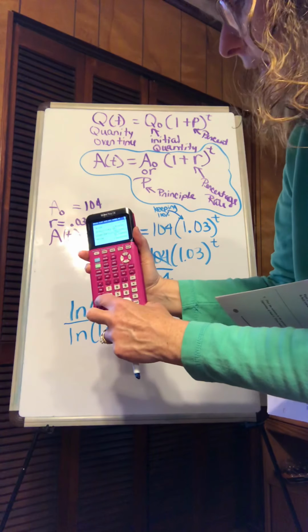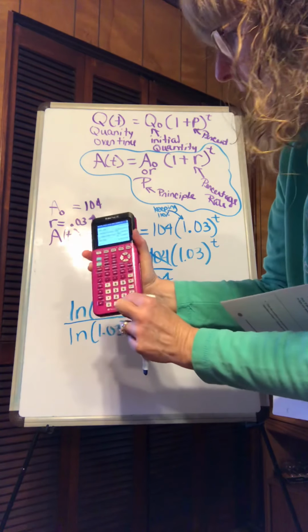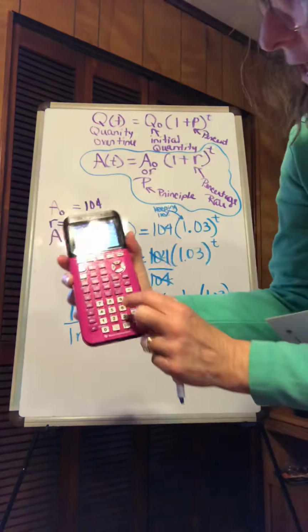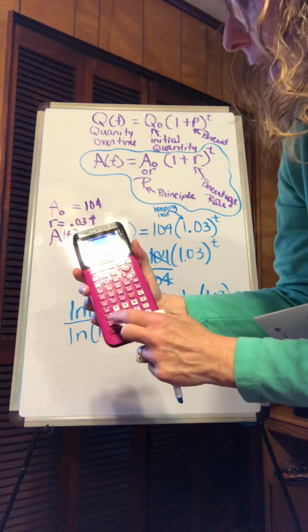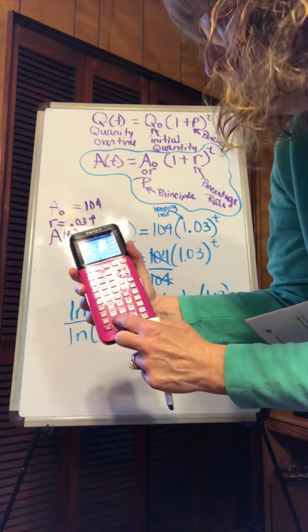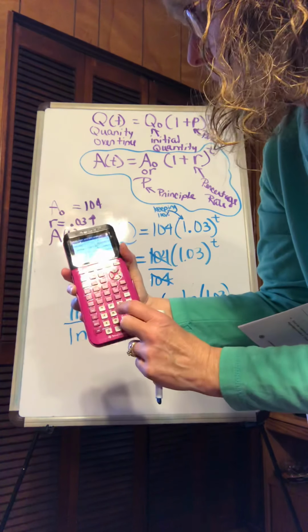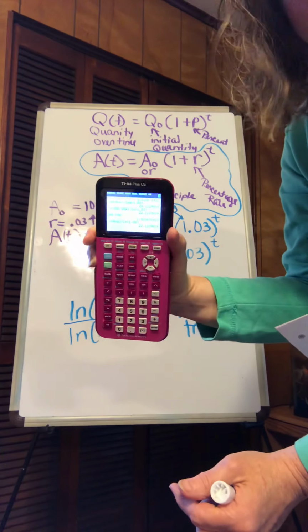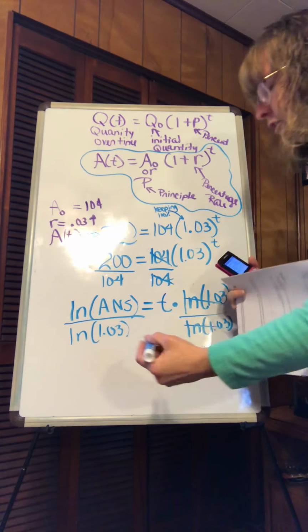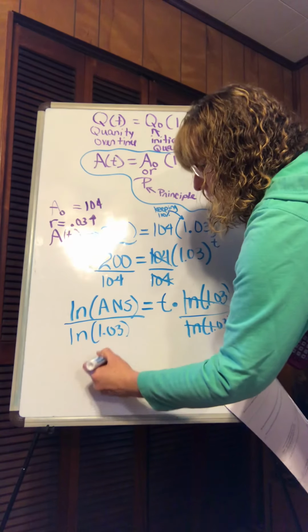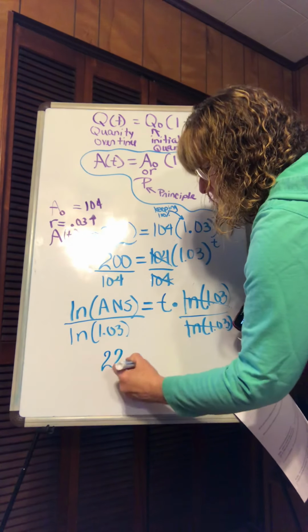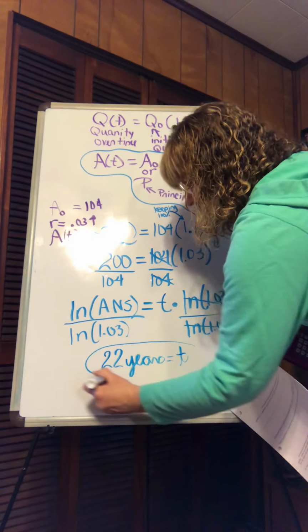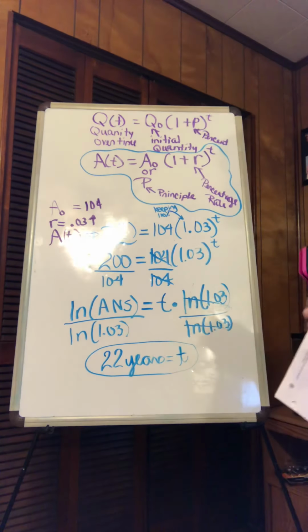I'm going to hit natural log, second answer, just like we had said. So there it is. And then we're going to divide this by the natural log of 1.03. And now I get 22.1229 years. They said round it to the nearest year. 22 years. So it will take 22 years at this growth rate to get to 200 bats on this island.